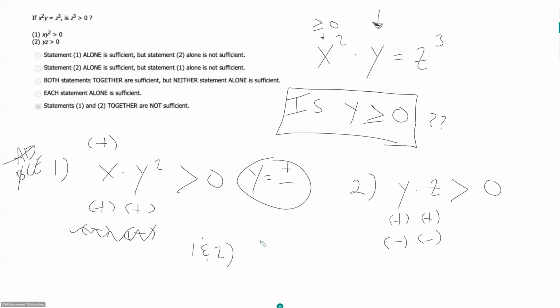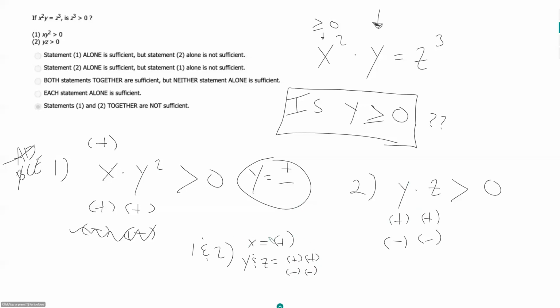So if we look at them together now, what do we know? We know x is positive from statement 1. Remember, this is sort of irrelevant. And from statement 2, y and z are still either both positive or both negative.